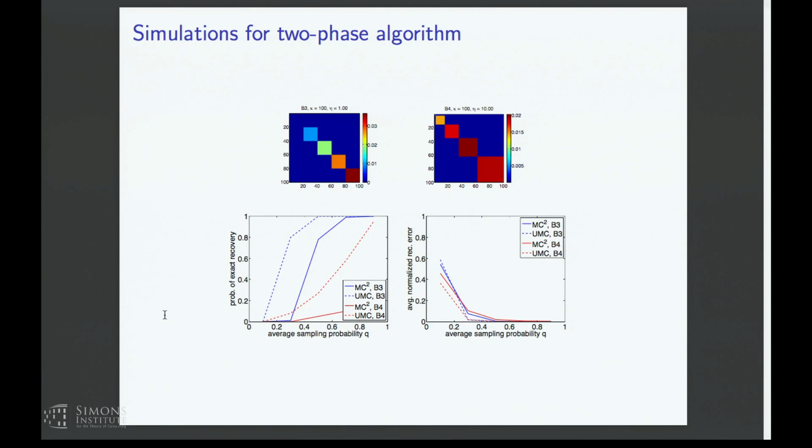And here, the two-phase matrix completion did worse than the uniform matrix completion, even though when we look at the sort of reconstruction error, they look about the same. But uniform matrix completion can complete exactly from fewer samples. So this is a case where we do worse. So I'm showing you good results and results where we do worse.